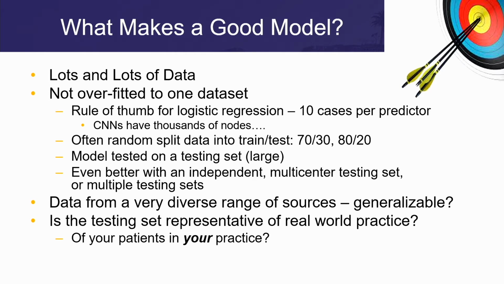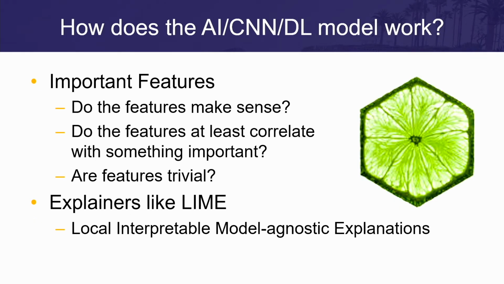And you want to make sure that the testing set is representative of real-world practice and certainly of the patients in your practice. It's important to know how your model works and make sure the features make sense and at least correlate with something important that makes biologically plausible reasons. There are recently a lot of new explainers to try to understand why a classifier that is sort of a black box actually classified individual cases.